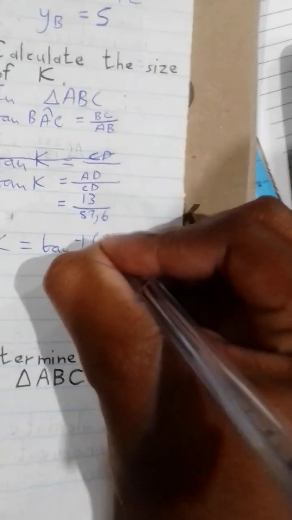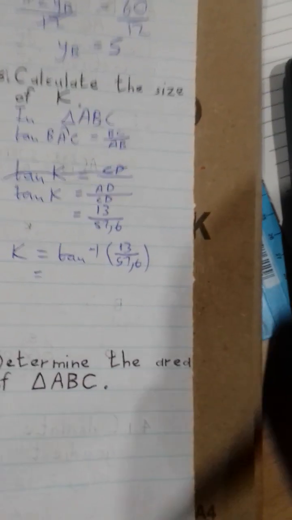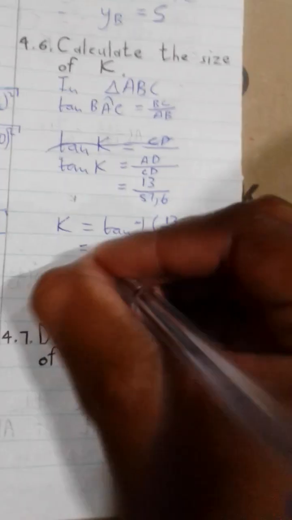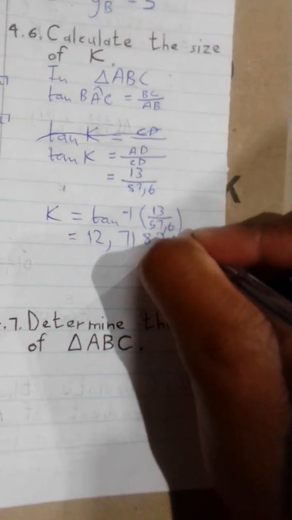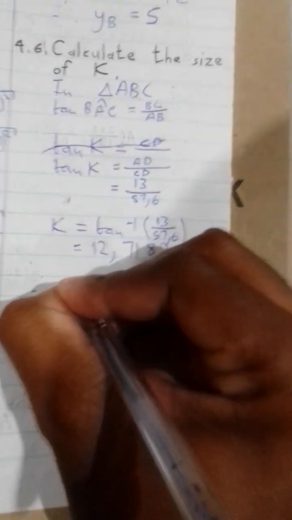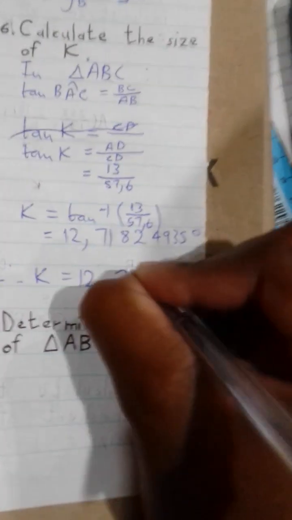So kappa is equal to arctan of 13 over 57.6, which is 12.71824935. Kappa to two decimal places is 12.72 degrees.